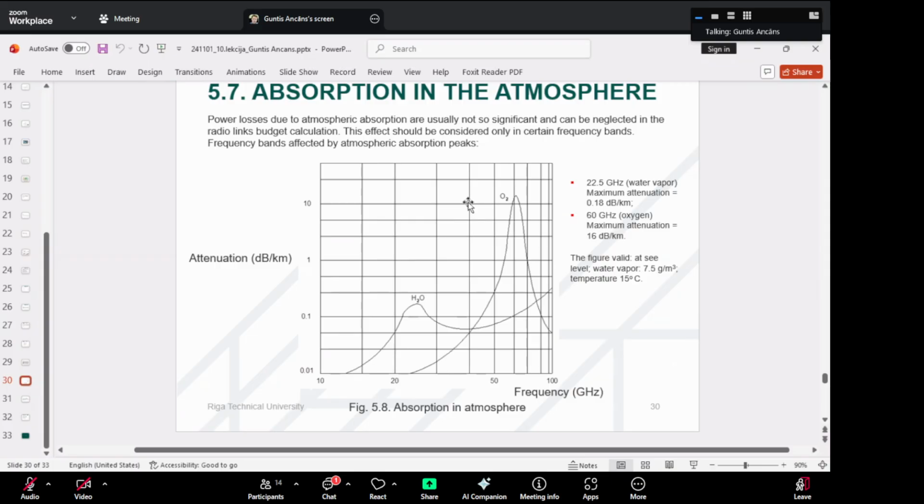A good thing about this is that at this frequency the interference between other radio links is reduced, so the separation distance between radio links is small in comparison to other radio frequency bands.